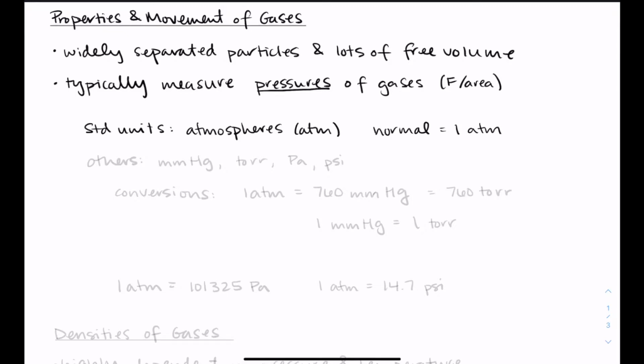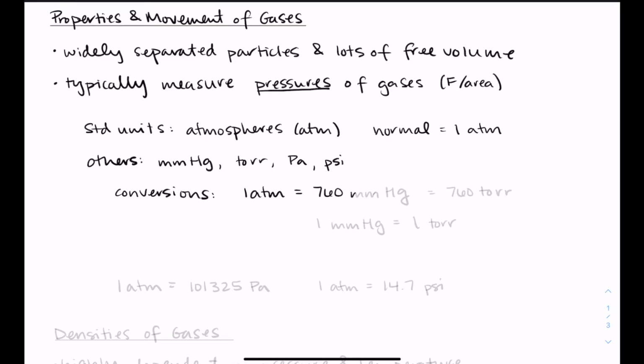The other pressure units you're going to see are millimeters of mercury, torr, pascals, and psi, and you will be given conversions for these. 1 atmosphere is the same as 760 millimeters of mercury, and that's also the same as 760 torr. So 1 millimeter of mercury is equal to 1 torr.